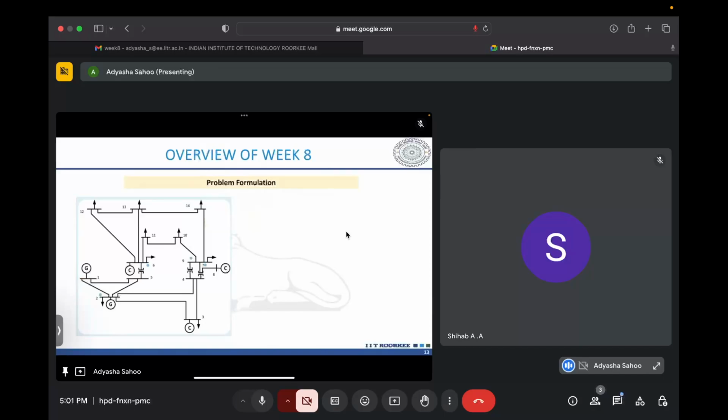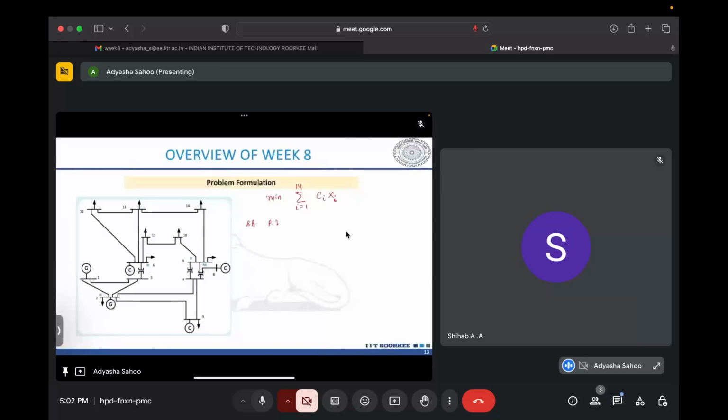So the optimal placement problem will be nothing but to minimize the cost. For how many buses are there? 14. So for each Xi, the candidate locations are from bus 1 to bus 14, subject to your power balance.